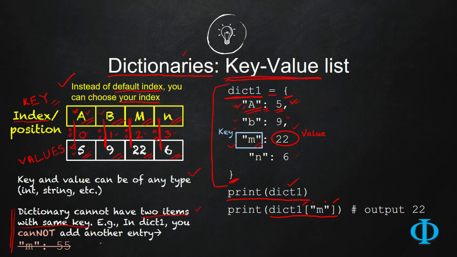For example, if your dictionary already has an item with key M, where the key is M and the value is 22, you cannot just add another entry like M equals 60 or M equals 55. That is not possible. So that is all about the Python dictionaries.